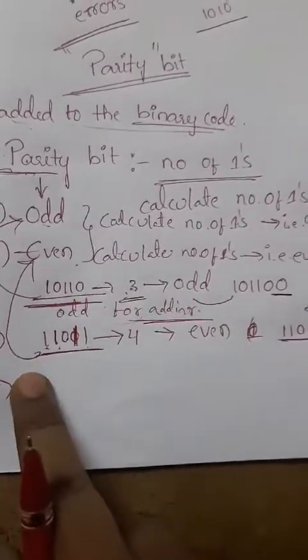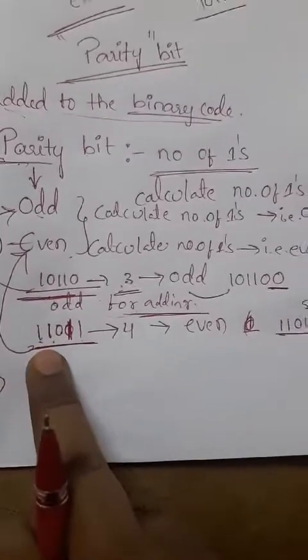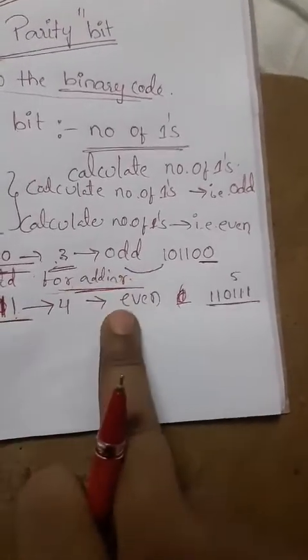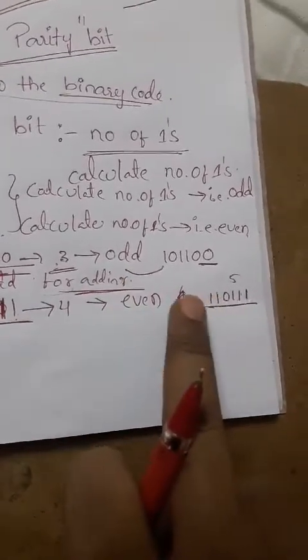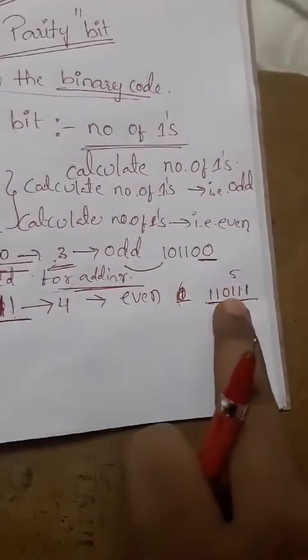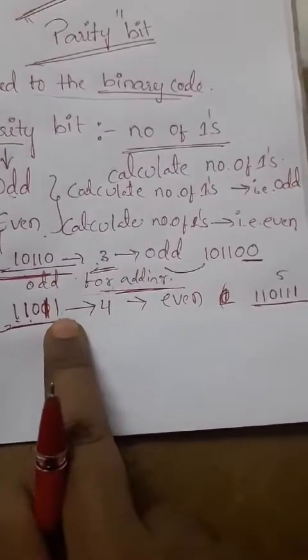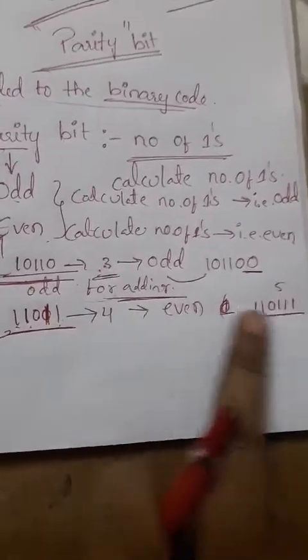If you need to convert this to odd parity, a 1 must be added to make it go from even parity to odd parity. Whatever binary code we have, we need to add 1 to it.